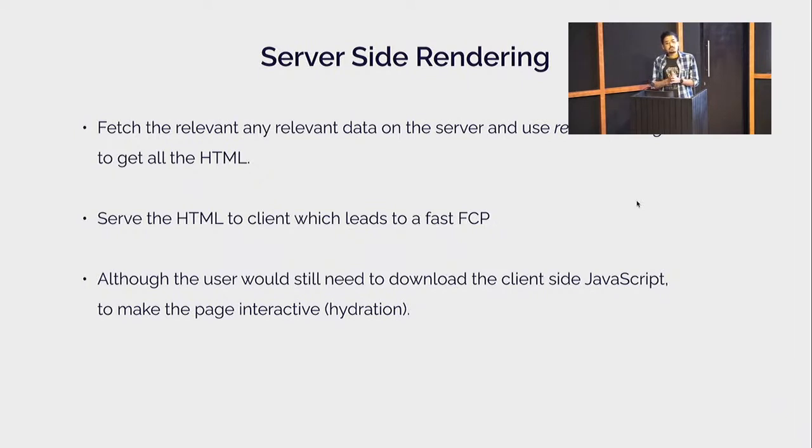Although the user would still need to download client-side JavaScript to make the page interactive, a process called hydration. So I'll just show you with an illustration how it works.